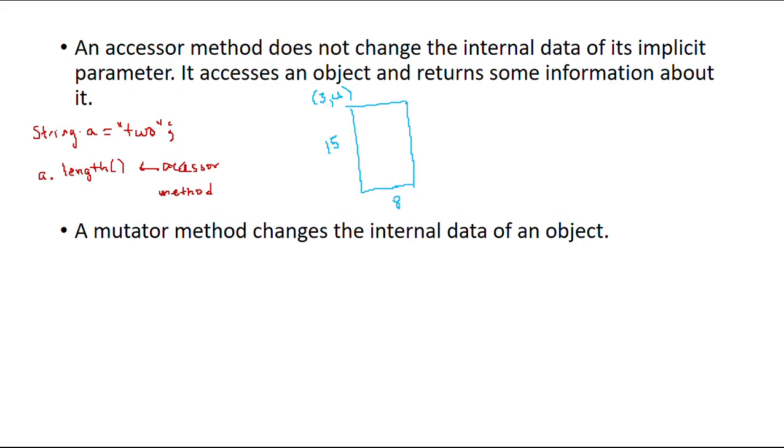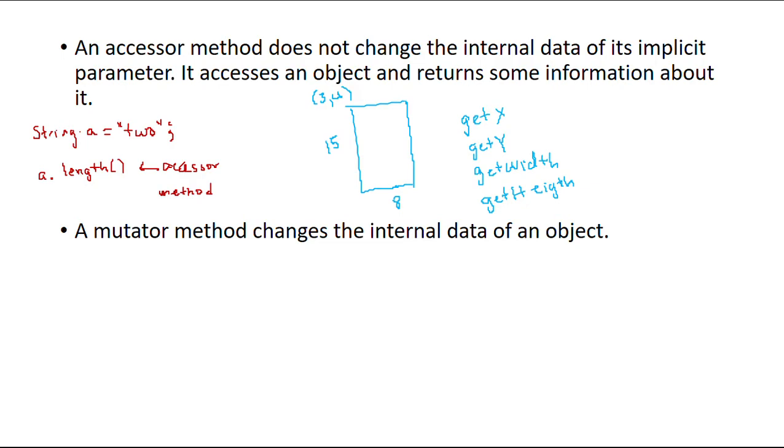We can have a number of methods here that give us information about it. For example, it can be getX or getY or getWidth or getHeight. They're all just going to return different parameters of my rectangle.